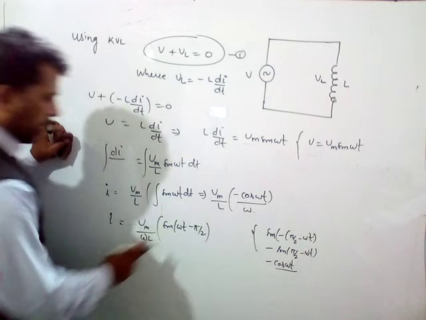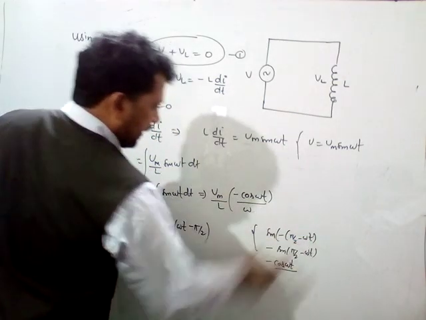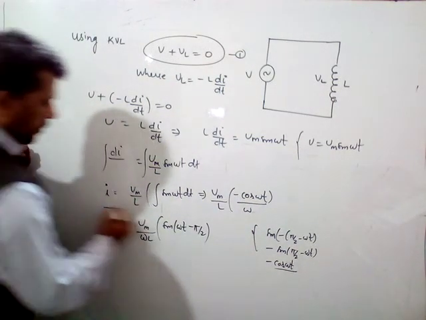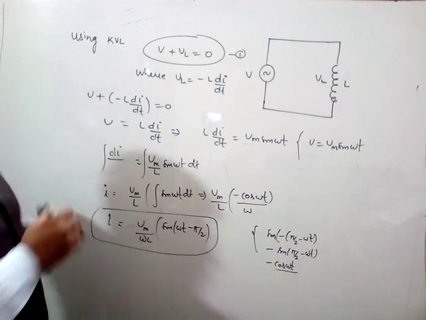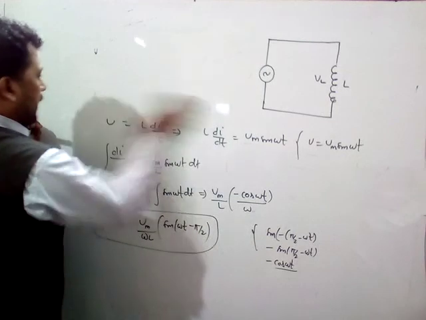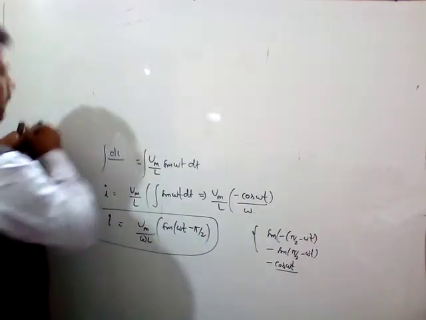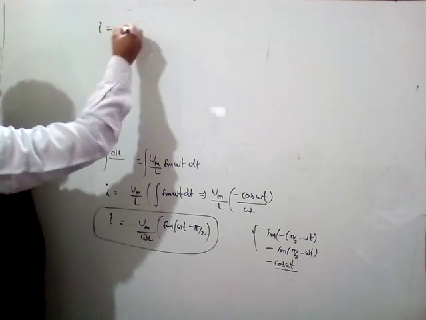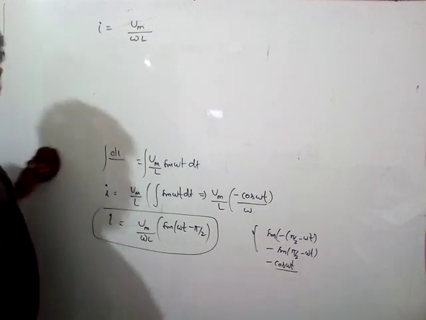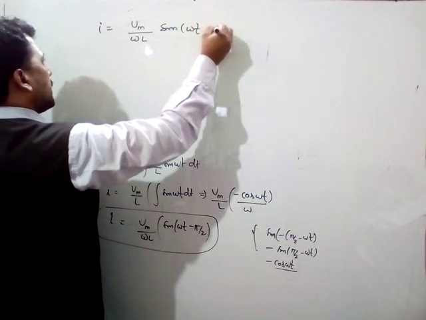So we can also write this sin, multiply the minus inside, so omega t minus pi by 2, we can write like this also. So this equation will come. Okay, let's see. This came: I is equals to Vm upon omega L sin omega t minus pi by 2.